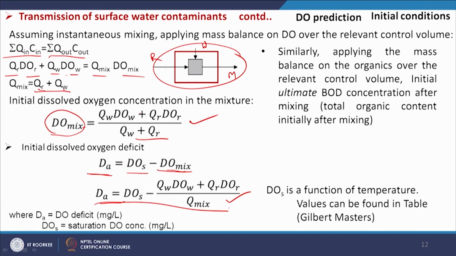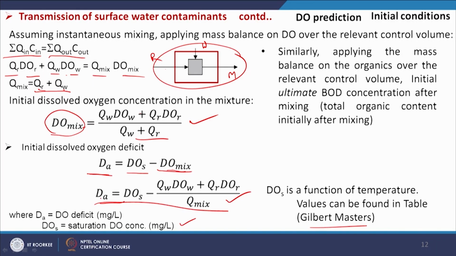DOS is the saturated value, and it depends upon the temperature and conditions. That we can get from any reference, like Gilbert Masters' book, to get the value of DOS. Normally it is around 9 ppm.